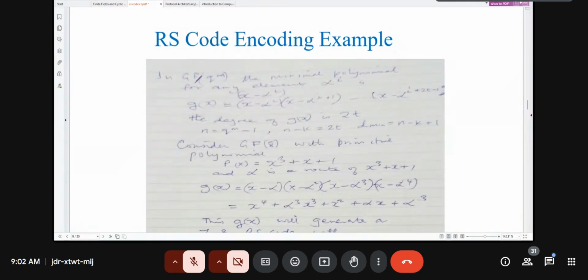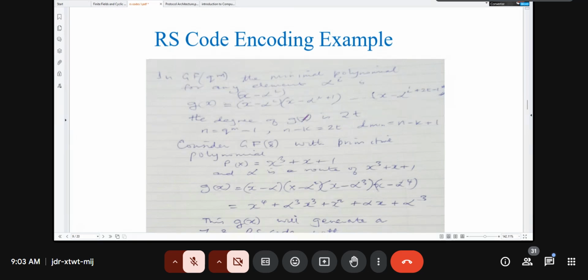Example, in GF(q) theorem, the minimal polynomial for any element alpha to the i is given by x minus alpha to the power of i. Therefore, g(x) here will simply be (x minus alpha to the i) into this. I think that's what we have just seen up there.